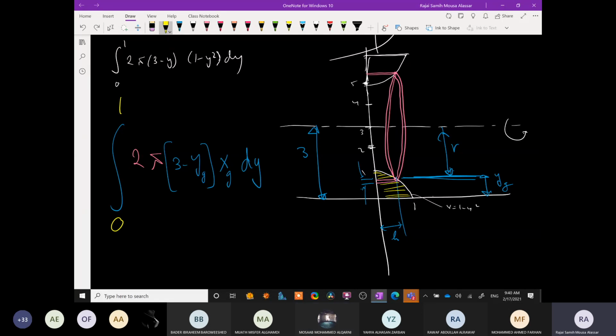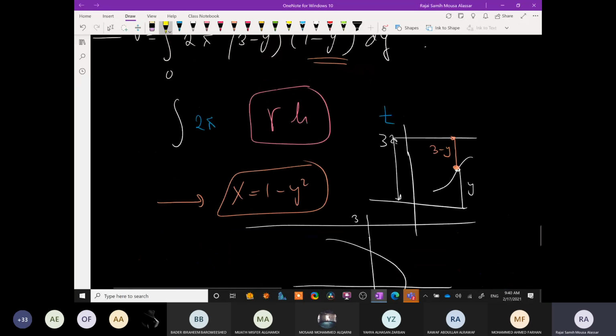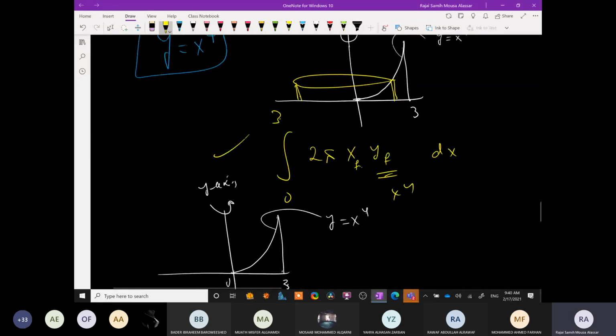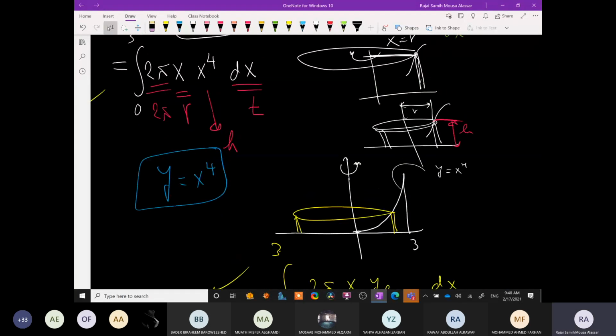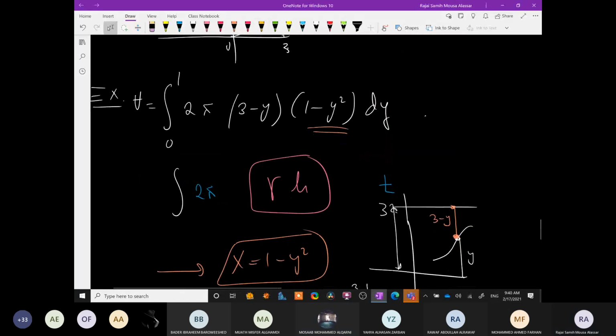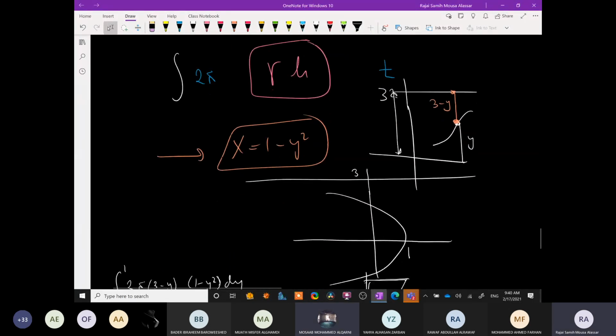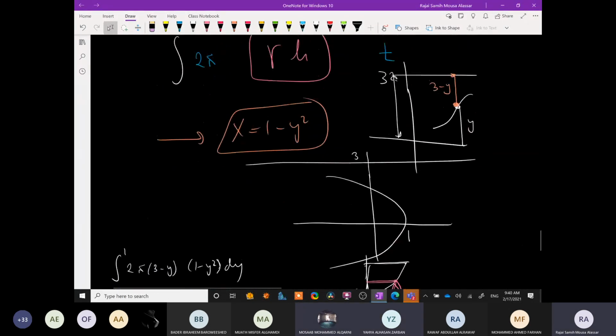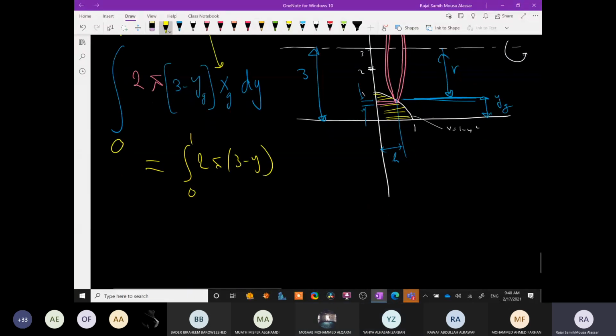So this is going from 0 to 1, 2 pi, 3 minus y, and x of the graph is actually this, 1 minus y squared.